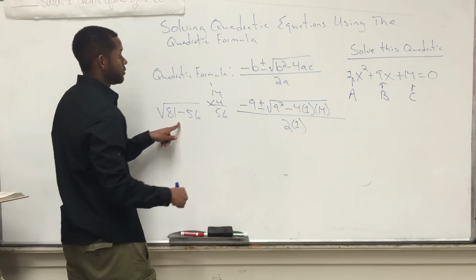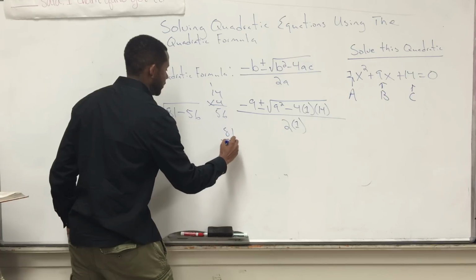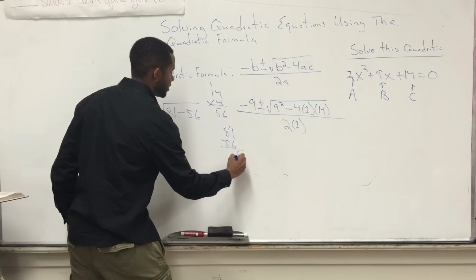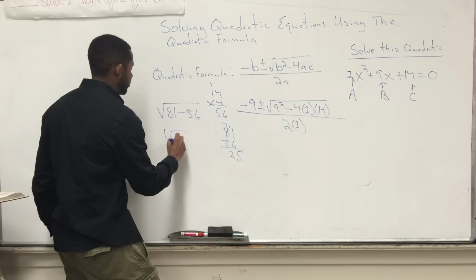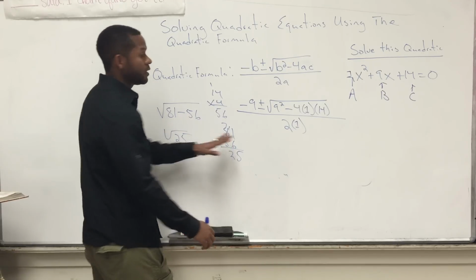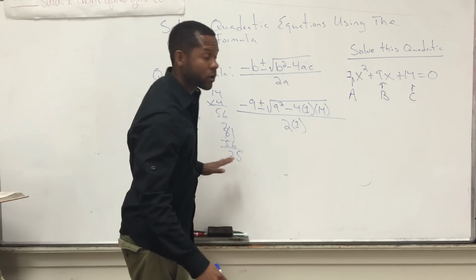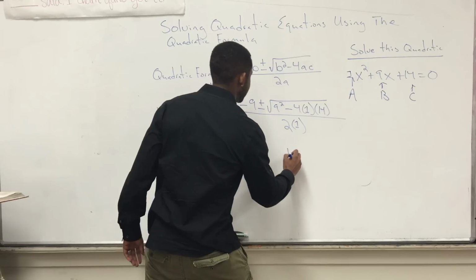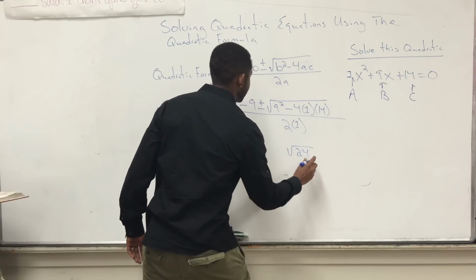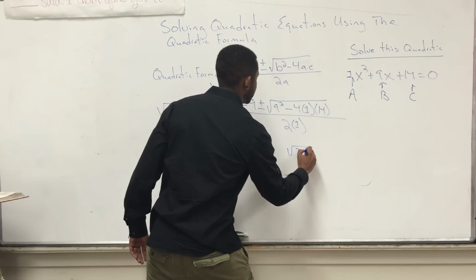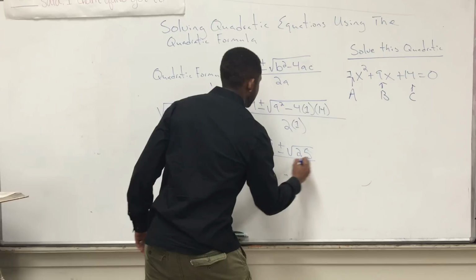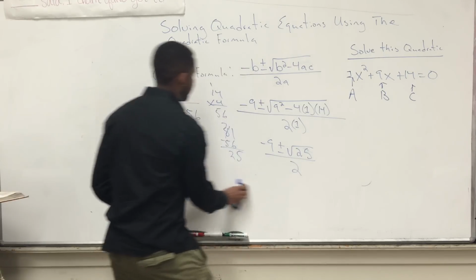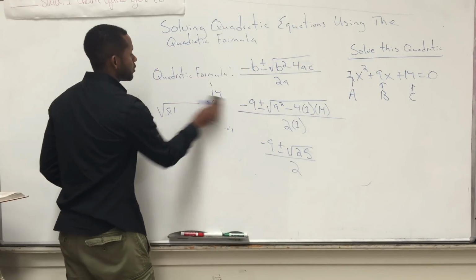Now I have to figure out 81 minus 56. It looks like 25. So I end up with the square root of 25 here. I did all that work on the inside, and this turned into the square root of 25. That's a 5. So negative 9 plus or minus the square root of 25, over 2. That's where I am so far.